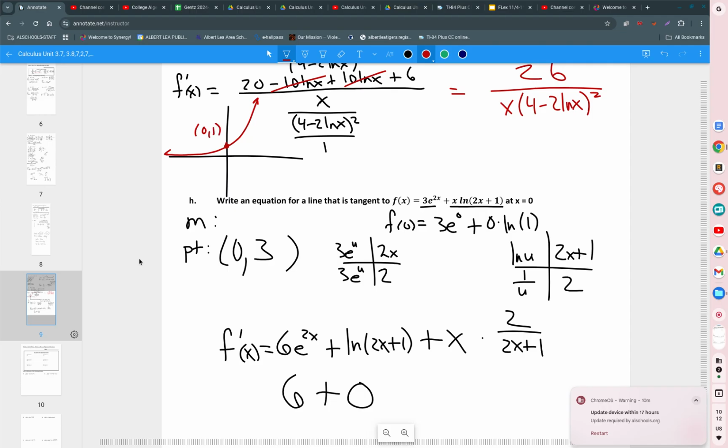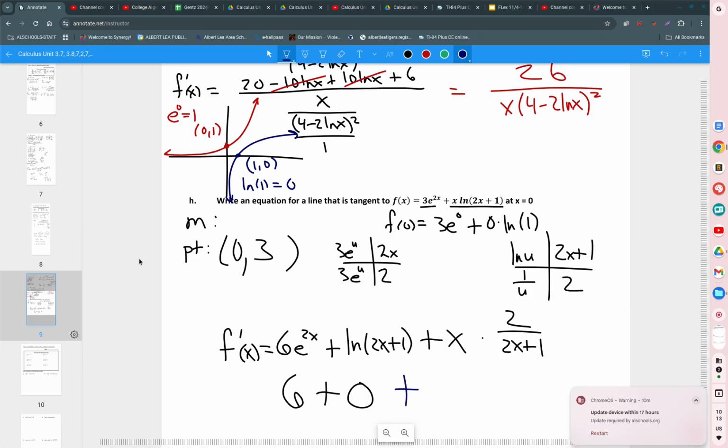That means that anything to the 0 power is equal to 1, or e to the 0 is equal to 1. You good with that? If we look at the inverse, which is the logarithmic function, we see that it goes through the coordinate 1, 0. That means that the natural log of 1 is 0. Those are inverses of each other. So that's how we know the natural log of 1 is 0. Okay?